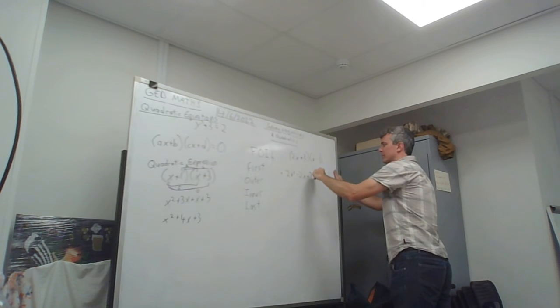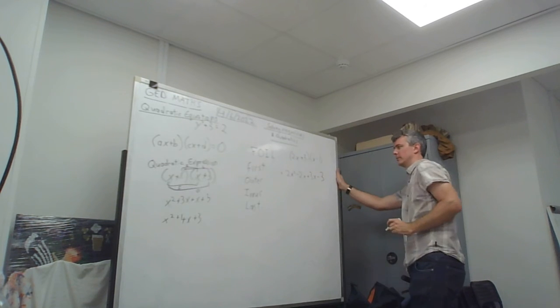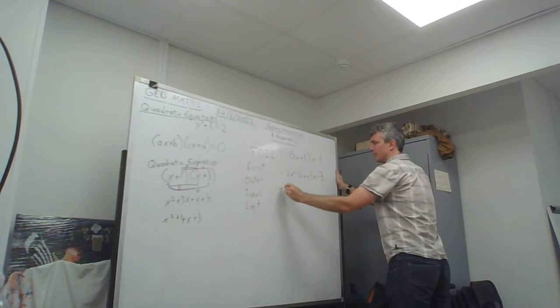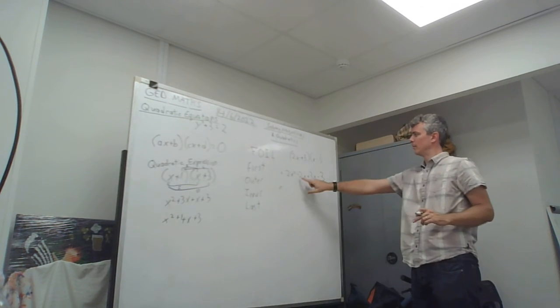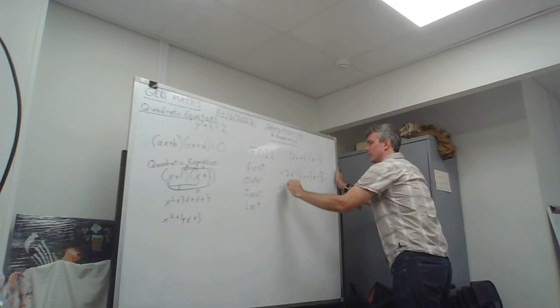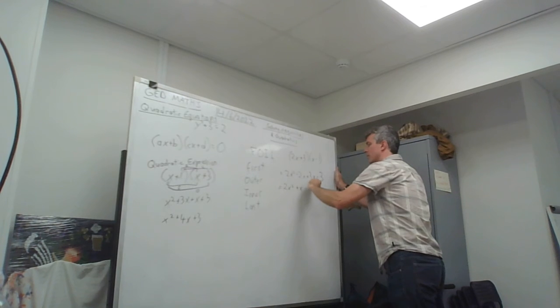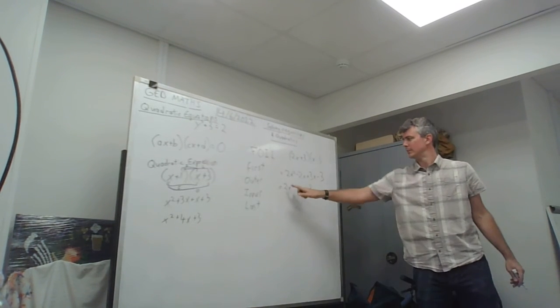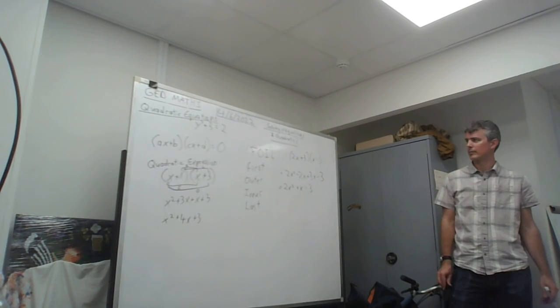And then the last, minus 3. Okay, and then we need to add these up. So minus 2x and 3x becomes what? X. Minus 2 and plus 3, that's right. So 2x squared plus x minus 3. You see here? That's how we solve it. That's writing these expressions.